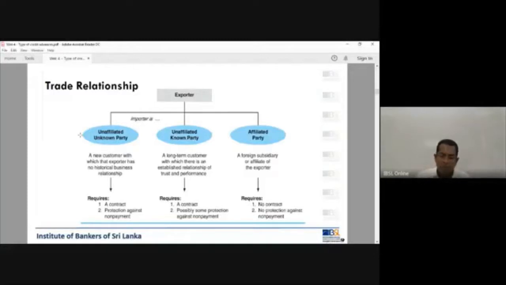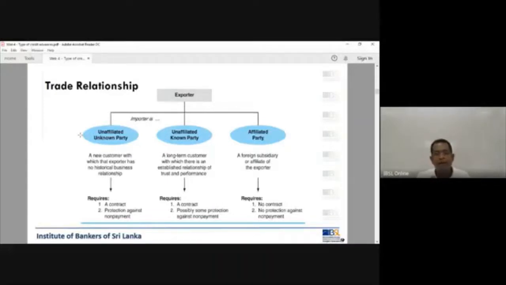So there has to be protection, because the buyer, the other side, this can be even local, the buyer is not known to us and we have not dealt with this buyer. So whenever we are doing a transaction, we should have a contract. Then we need a confirmation that once we give the goods, the buyer will pay. I will get my money, right?